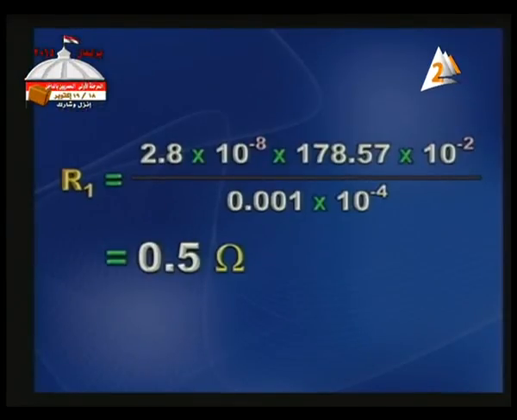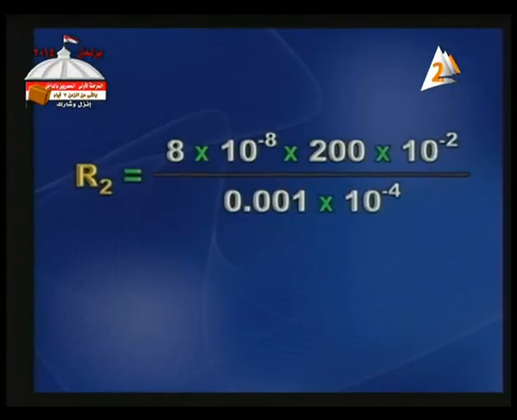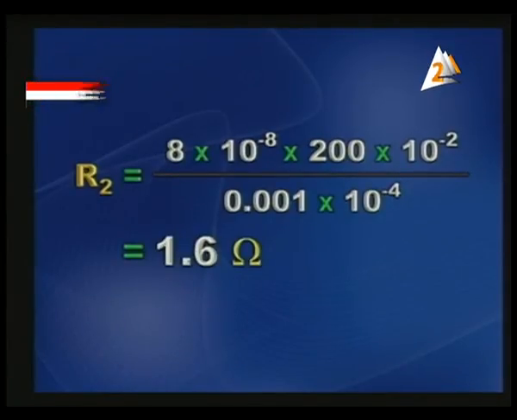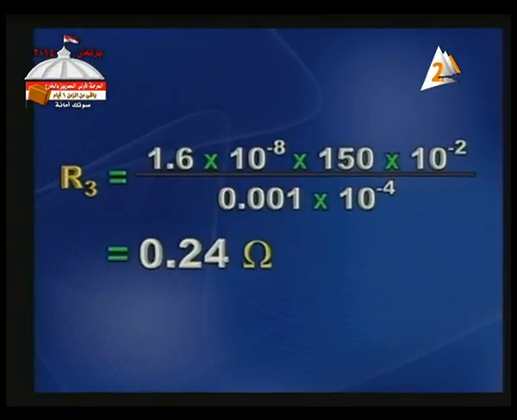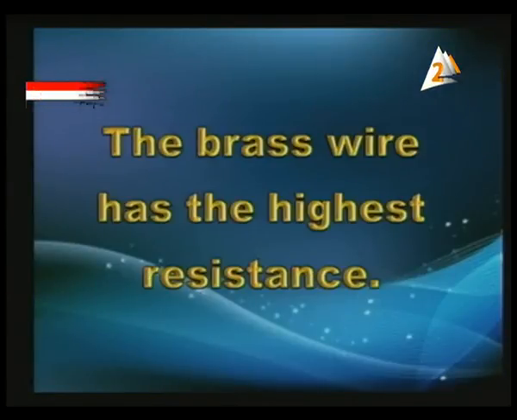What about the resistance of the brass? Doing the same, we found it to be equal to 1.6. And what about the silver one? Applying the same expression, we managed to obtain 0.24. The brass wire had the highest resistance.